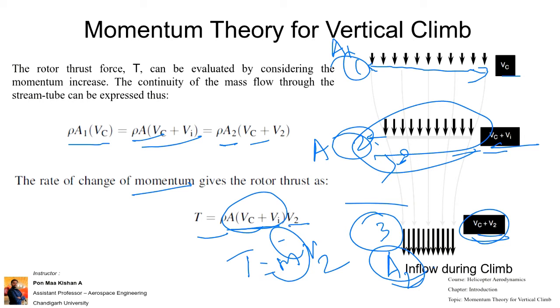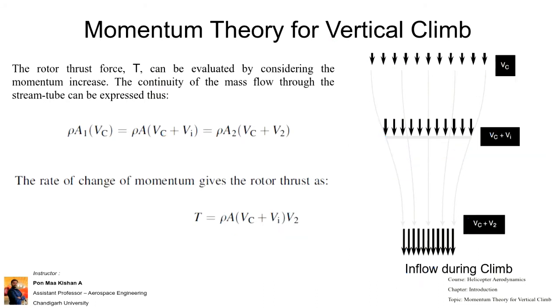So thrust is given as rho A times VC plus VA into V2. Whereas in the hovering condition, VC won't be there; instead of VC we put 0, so 0 plus VA is just VA. That is the difference between the thrust during hover and climb.